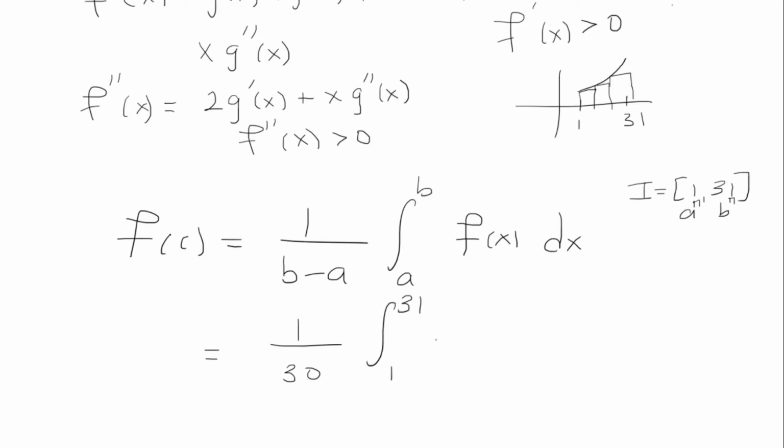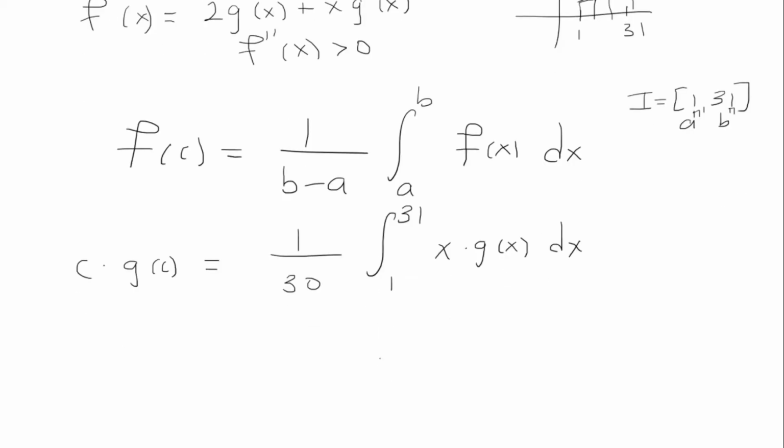F of x was defined to be x times g of x. So f of c, you just plug in c for x. That's c times g of c. And all we have to do is just multiply both sides by 30 to get 30 times c times g of c is equal to the integral from 1 to 31 of x times g of x.